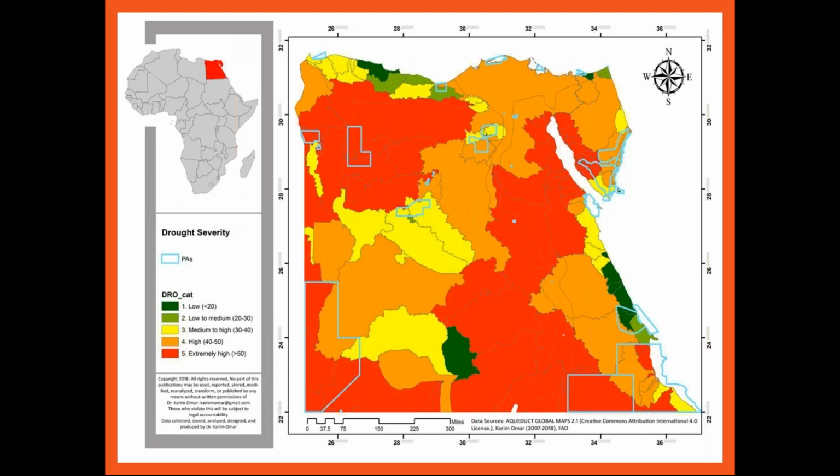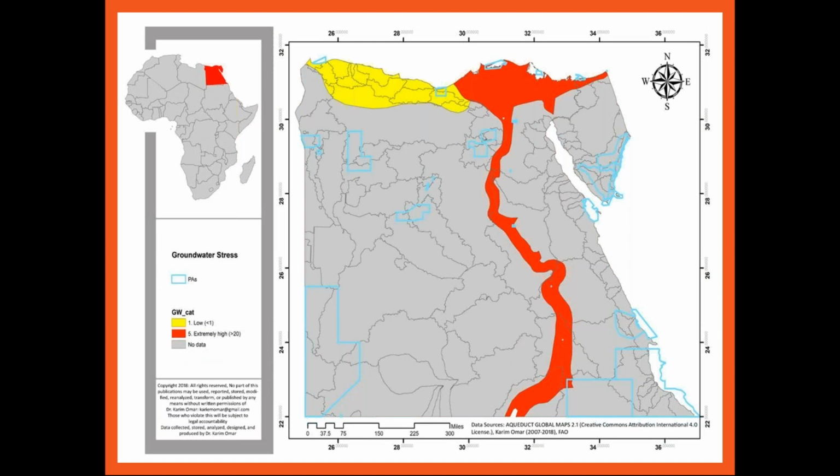Here is data collected and extracted from available sites to determine the drought severity in Egypt and the percentage of each degree in each protected area. Next slide. This is another map about the groundwater stress in Egypt that is concentrated on the River Nile.